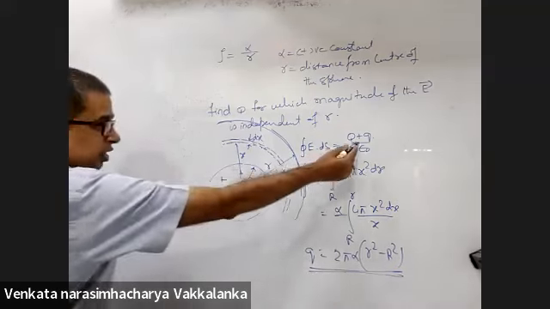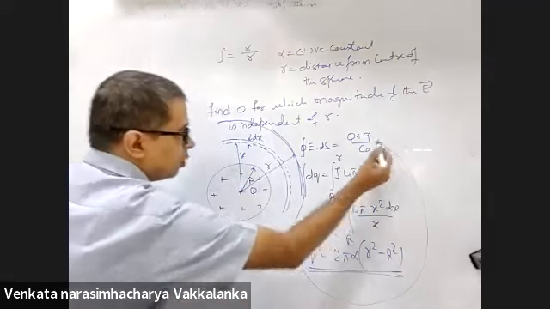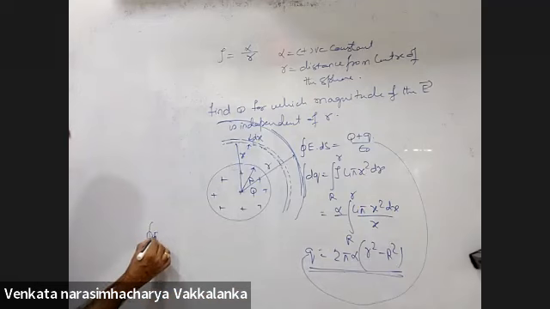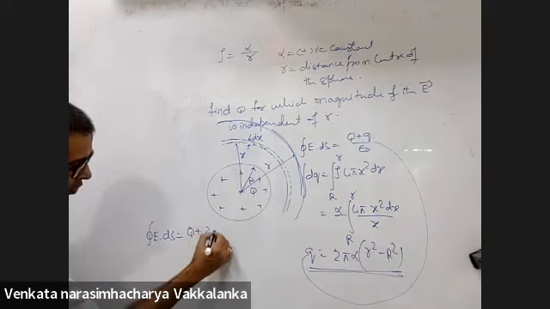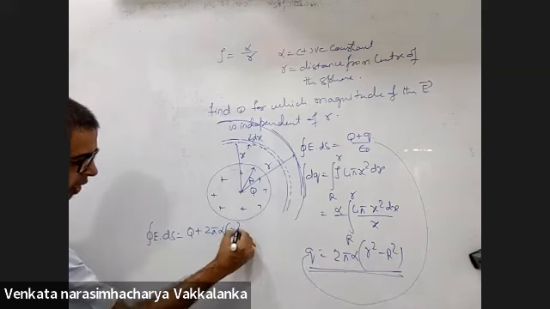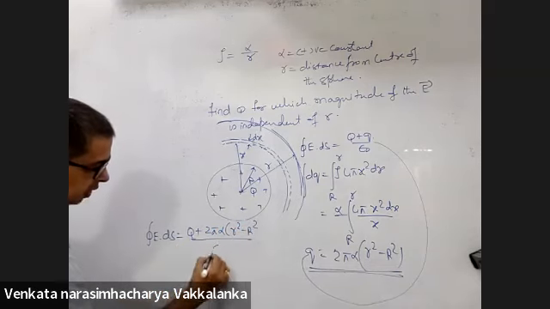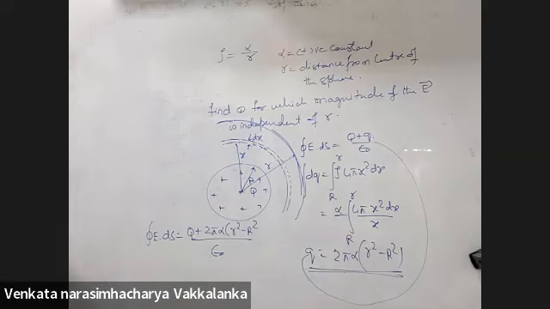Now when I use it in this equation, this small q you substitute here, you will get closed integral E dot ds is capital Q plus 2 pi alpha r square minus R square by epsilon naught. Left hand side is integral E dot ds. Integral ds is 4 pi r square cos 0. Bring that to the denominator.